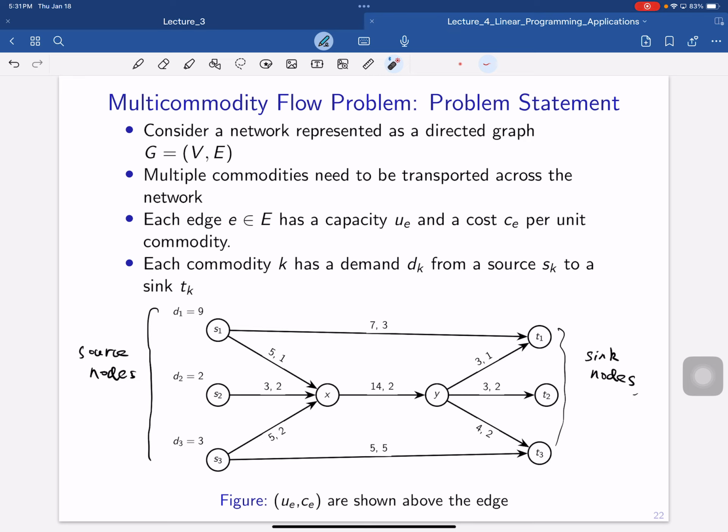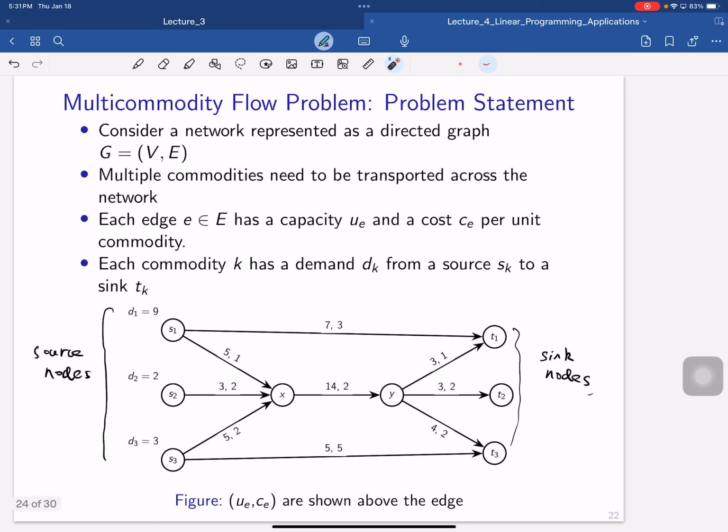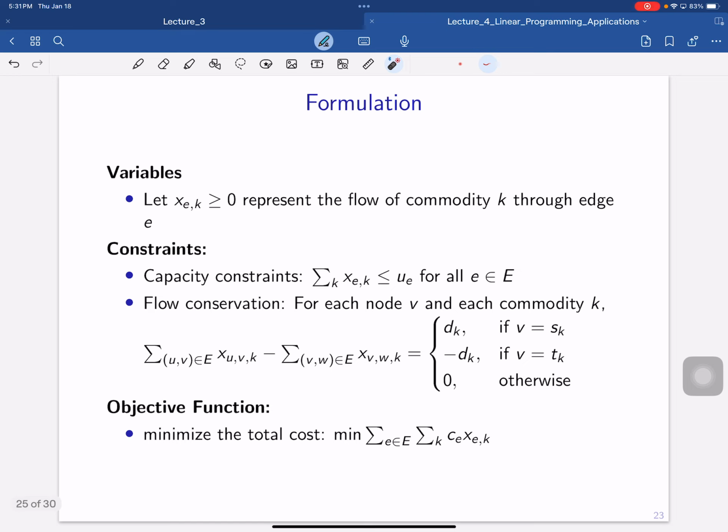And on the other hand, if you have some source nodes, then all the edges that going out of this particular node has to be equal to the total amount of commodity it tries to ship out of the node, right? And on the other hand, if you are at a sink node, all those commodity going into this node should be equal to the demand at the sink node, right? So this constraint would be a mass balance type of constraint.